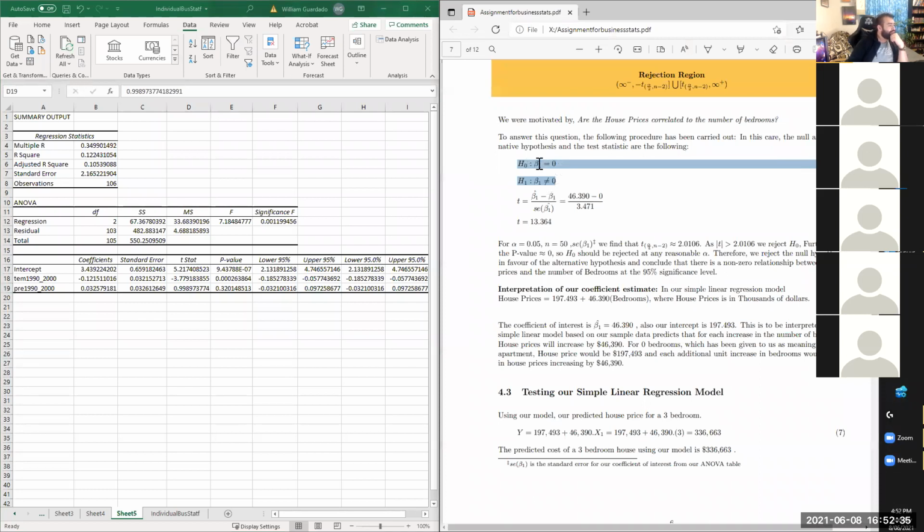For one of them, you're going to have beta 1, which will be this one. And when you do this one, it will be beta 2, because this is your second variable. Your intercept is beta 0. So you have to be careful when you do the second one. Are there any questions on that?